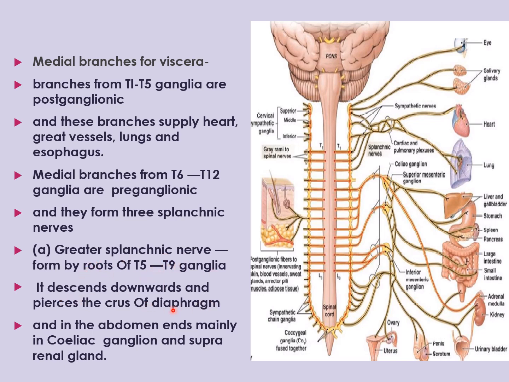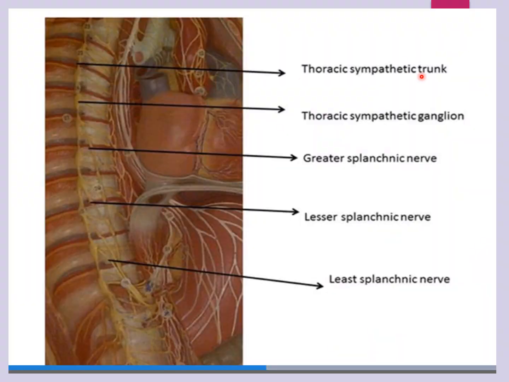It descends downwards and pierces the crus of the diaphragm, and in the abdomen ends mainly in the celiac ganglion and suprarenal gland. Now here we can make out the greater splanchnic nerve, right? This is the lesser splanchnic nerve and the least splanchnic nerve.